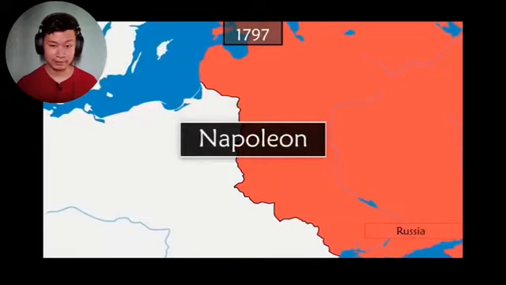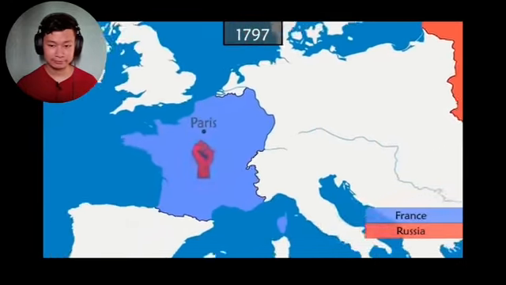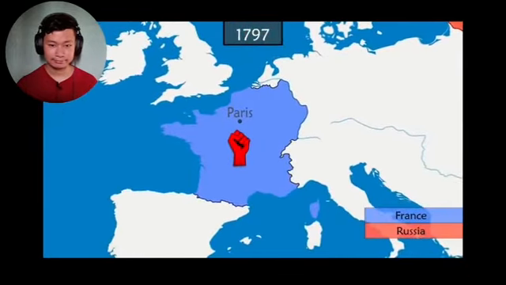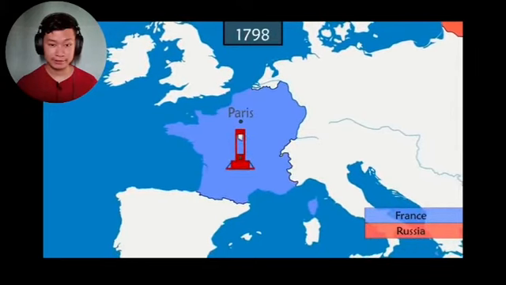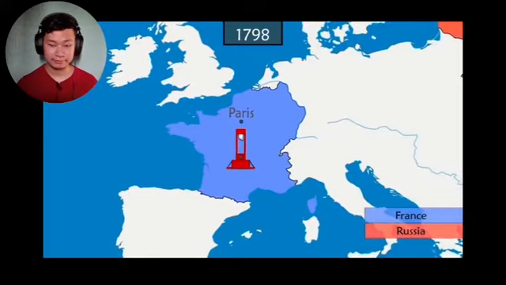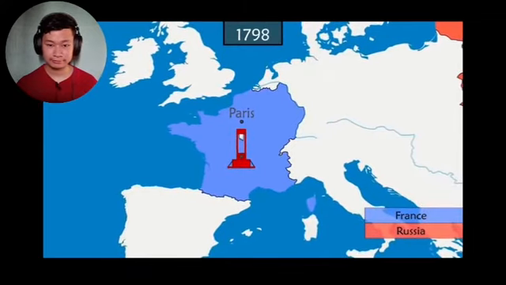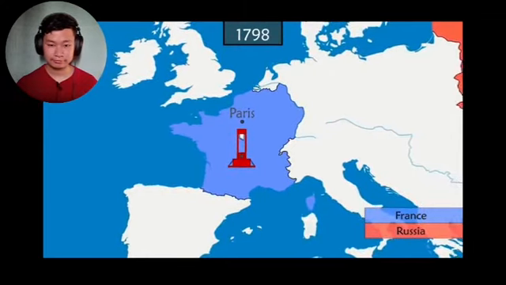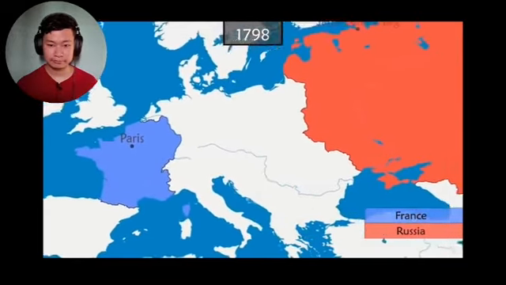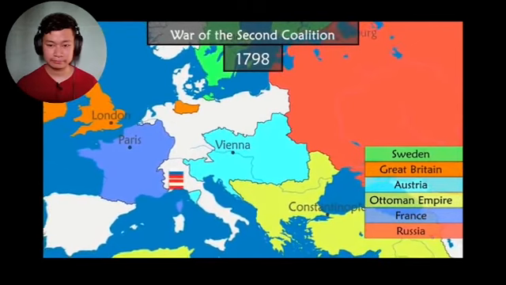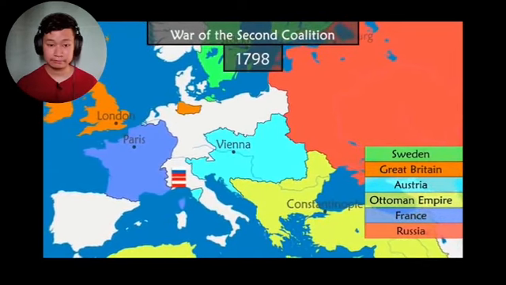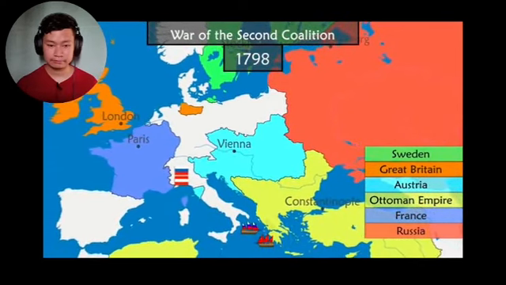It's Napoleon era. In France, the revolution started in 1789. This, followed by the execution of King Louis XVI, makes the European monarchies fear the spread of revolutionary ideas throughout the continent. In 1798, Russia joins an anti-French alliance. A Russian-Austrian army drives the French out of Italy, while a Russian-Ottoman fleet seizes the Ionian Islands.